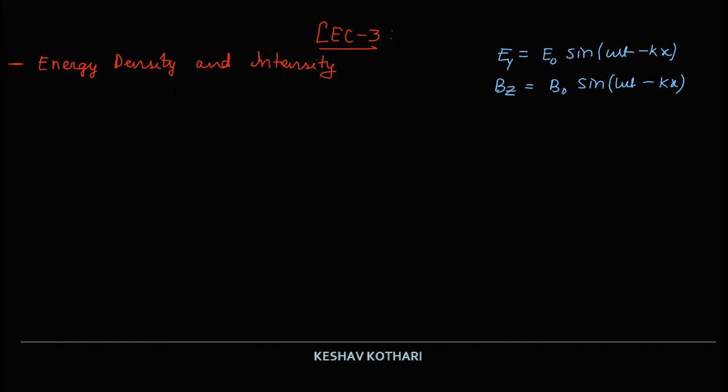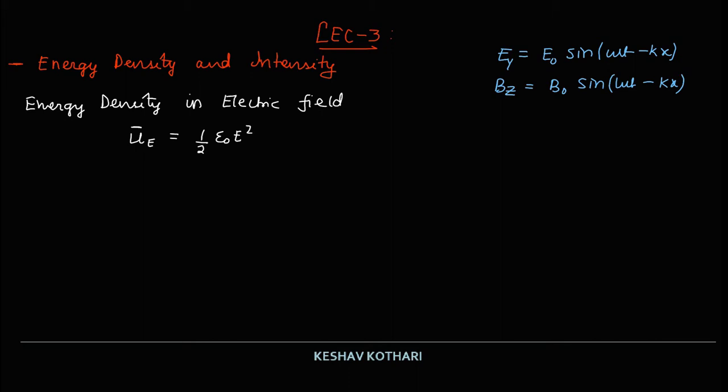Now if I write the expression for energy density of the electric field, which we have covered in the previous chapters, the energy density, that is energy per unit volume, for an electric field is written as half epsilon naught E square.